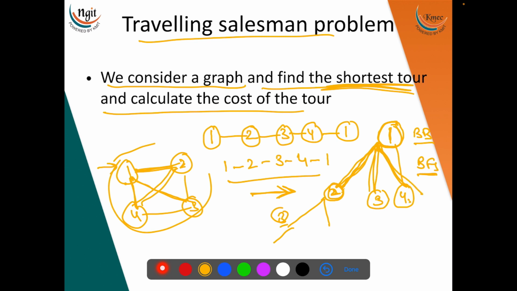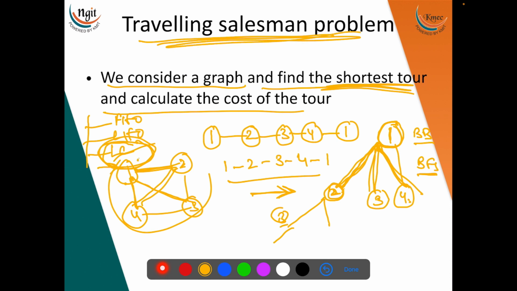We already came across branch and bound techniques. There are 3 strategies to implement a state space tree in branch and bound: the FIFO method, the LIFO method and the LC method. I'm going to use the LC method, the least cost method, to solve this problem.